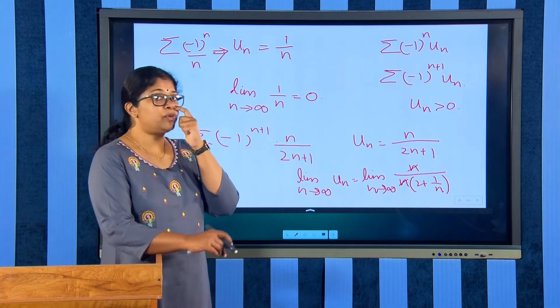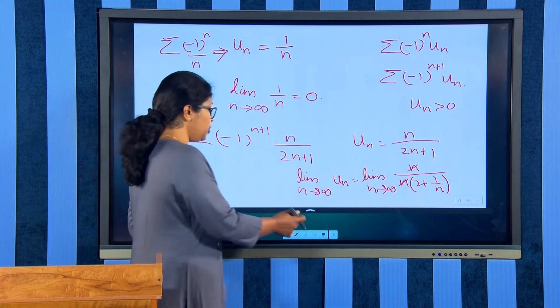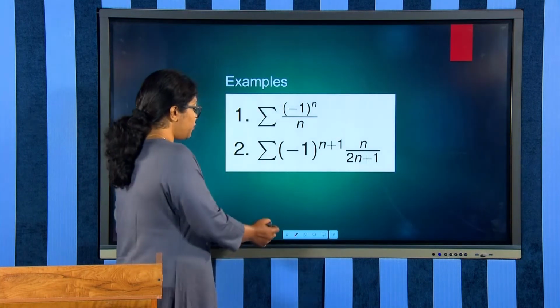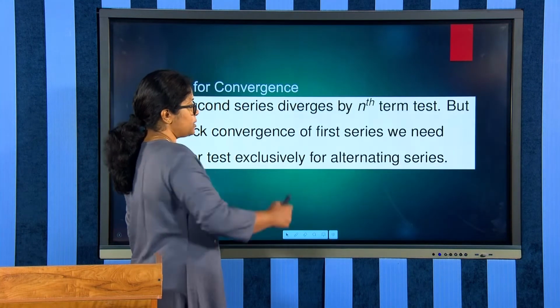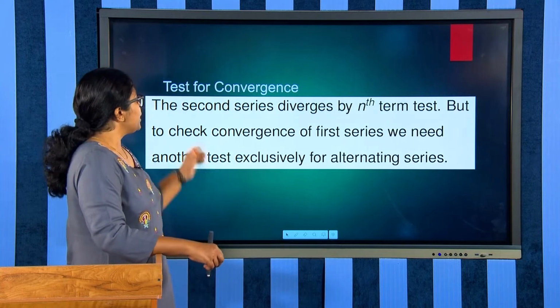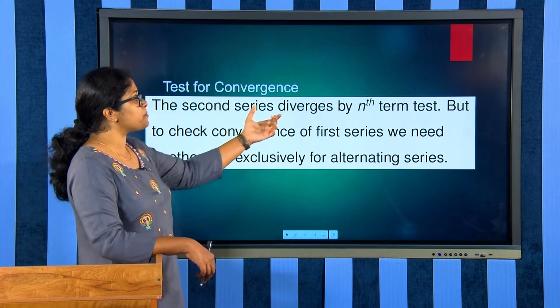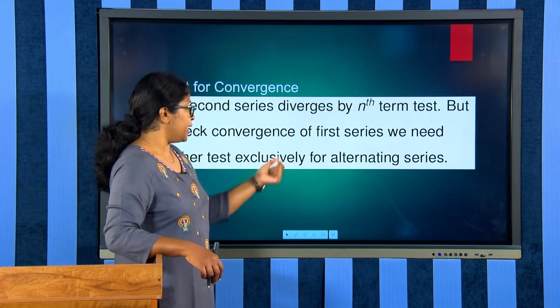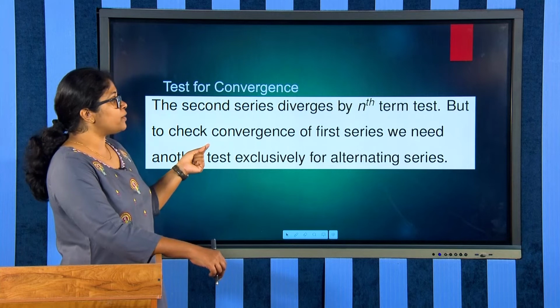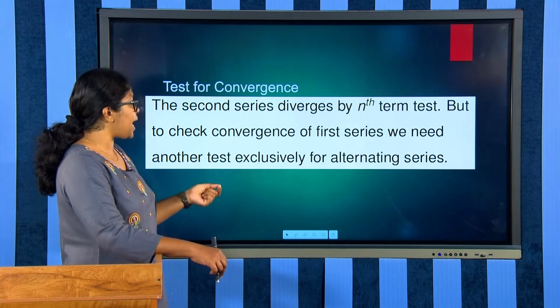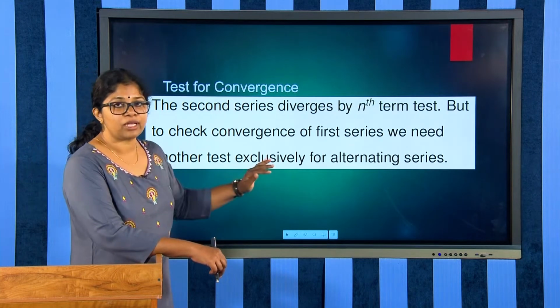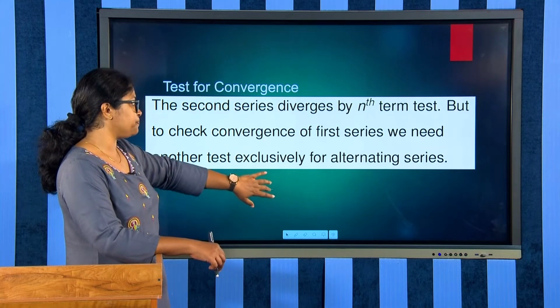So, we have to find something new. That is what we can see in the next slide. The test for convergence says that the second series diverges by the nth term test, but to check the convergence of the first series we need another test which is exclusively for alternating series.